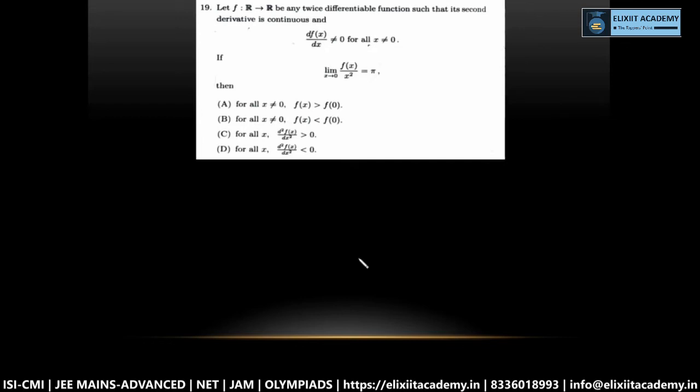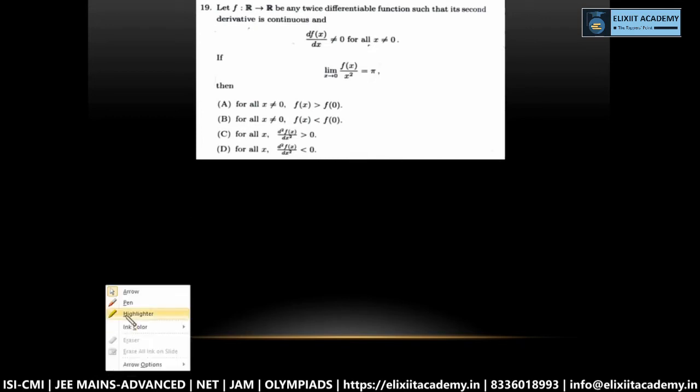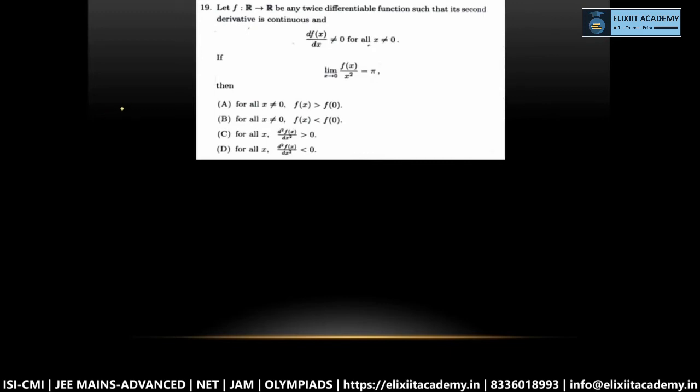Let's work this out. So basically you have df(x)/dx not equal to 0 for all x not equal to 0. What else is given? You have the limit as x tends to 0 of f(x)/x square equals pi.